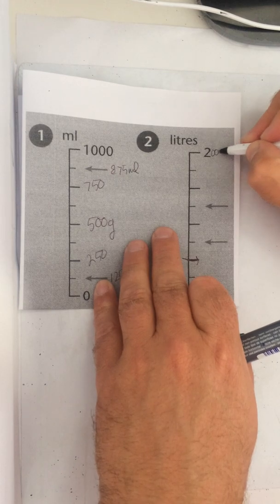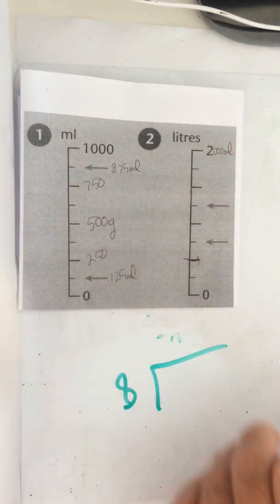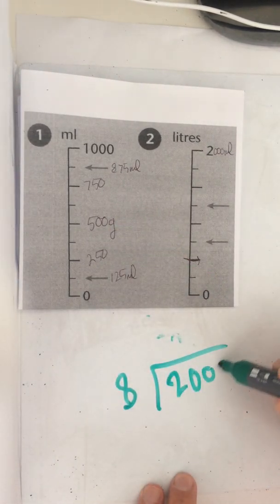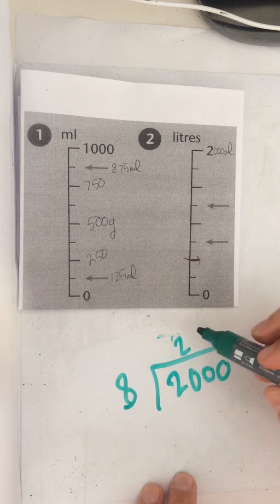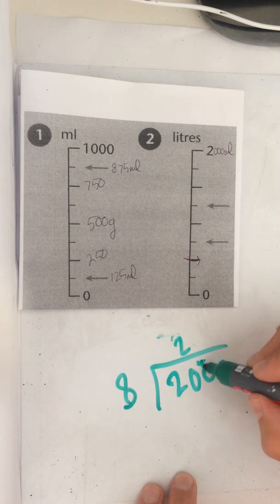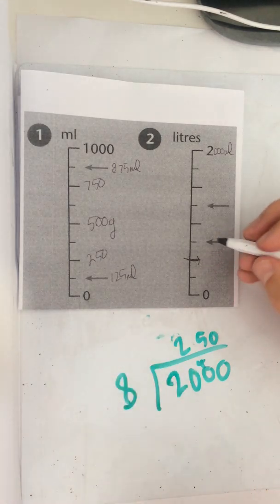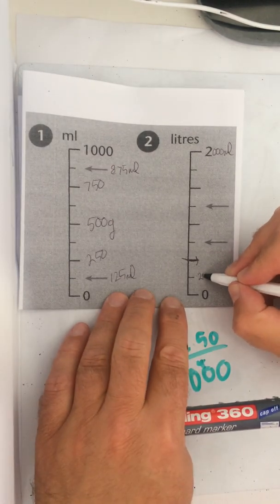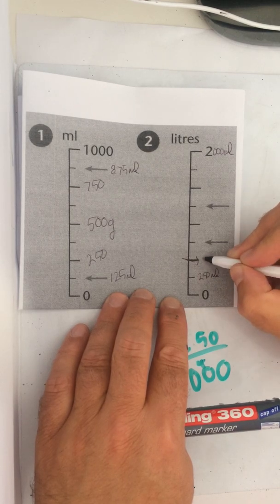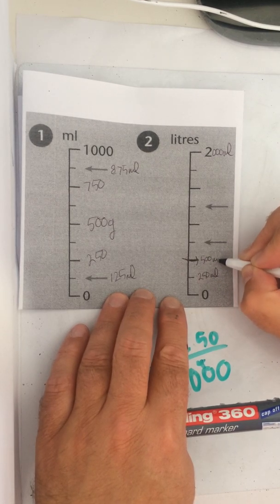So I'm going to just turn that into 2000 milliliters. 2000 divided by 8, so each one is worth 250 milliliters. So that's 250 milliliters. That's 500 milliliters.